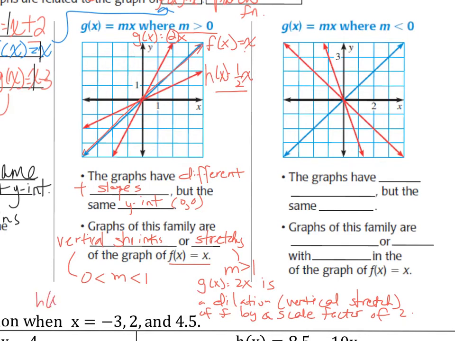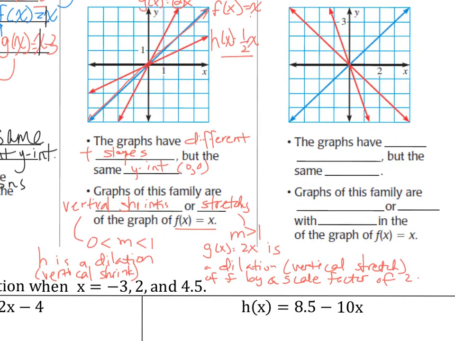H of x, or just simply h, is a dilation, vertical shrink of f by a scale factor of half. So I'm going to draw a line in between here so you don't get confused.